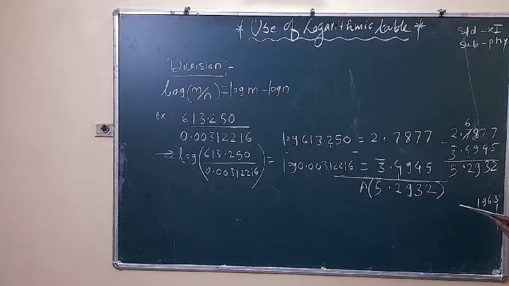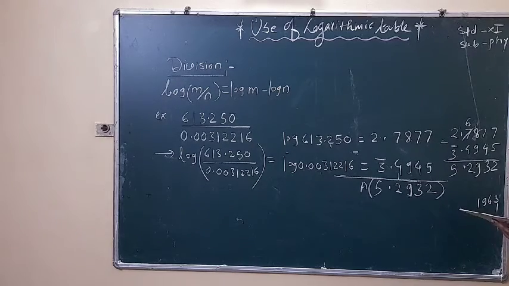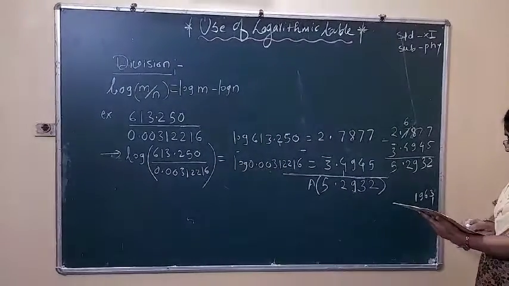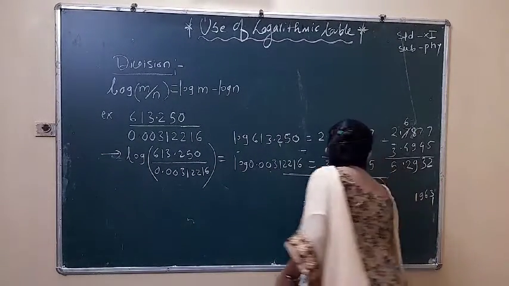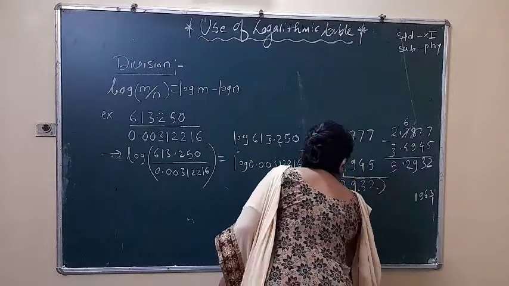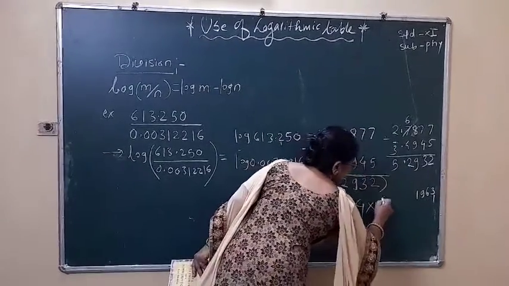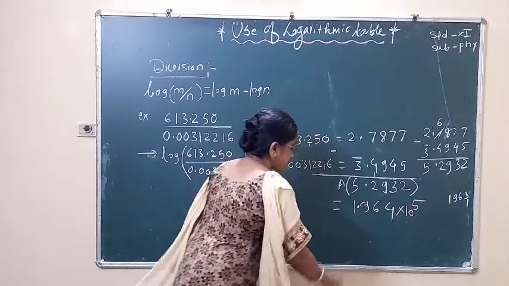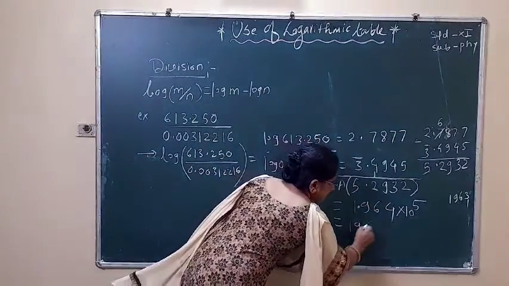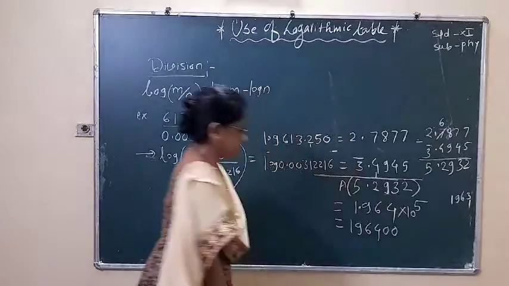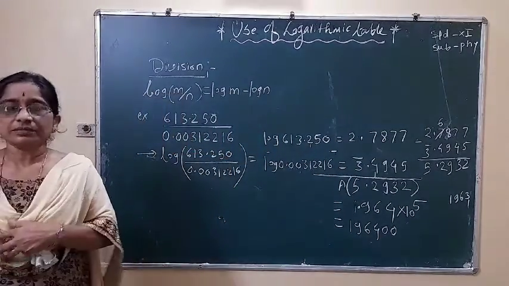Again, the antilog of 29 in 3 is 1963, and with the mean difference, 1964. Give the decimal point after one digit and write this characteristic as a power of 10. Then we can write the answer. Understood everyone? Okay.